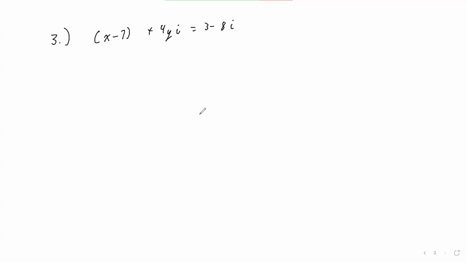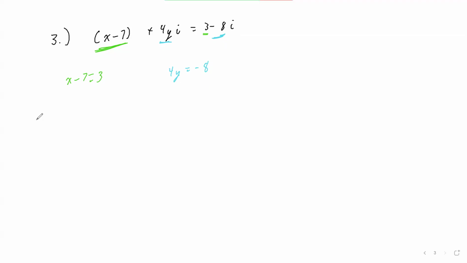When you're presented with this, this section equals this section. So I have x minus 7 equals 3 for these to be equal to each other. Then this section equals this section. So 4y equals negative 8. The sign should go with the number. But for these two to be equal to each other, that is what has to happen.